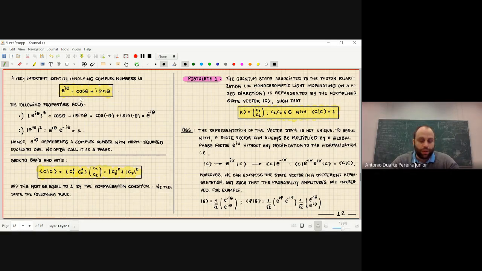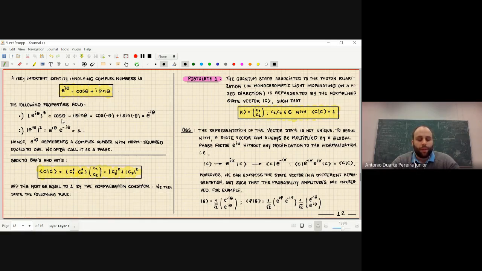So cosine of theta appears with cosine of theta, and i sine of theta, then the complex conjugate is such that you change the sign of the imaginary part. So this will be minus i sine of theta.